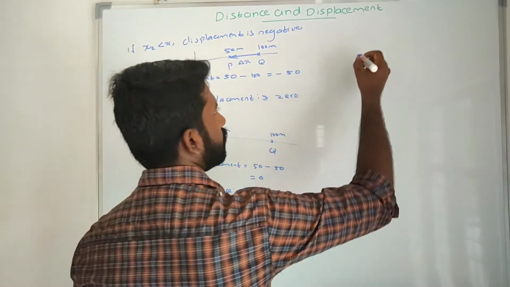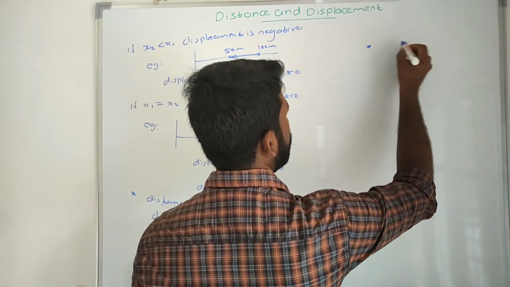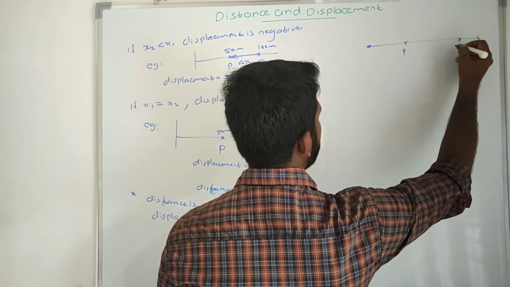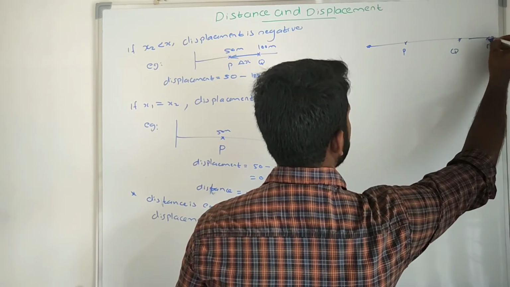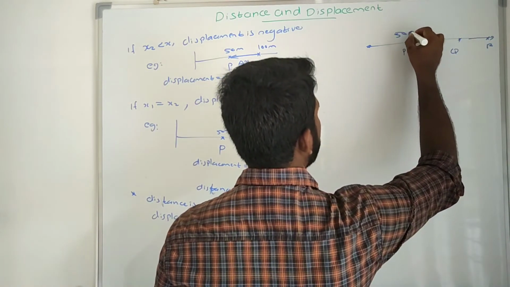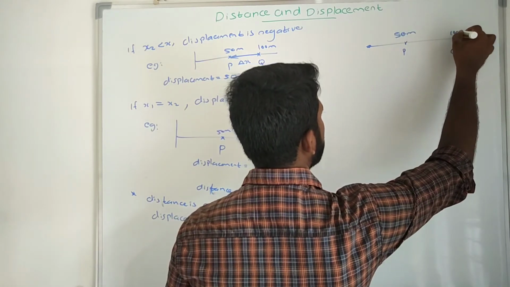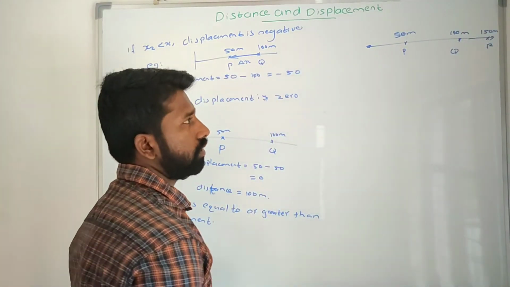We will take an example of the case in which the distance is equal. An object is moving; it is at P, Q and R. P is 50 meters, Q is 100 meters, and R is 150 meters.